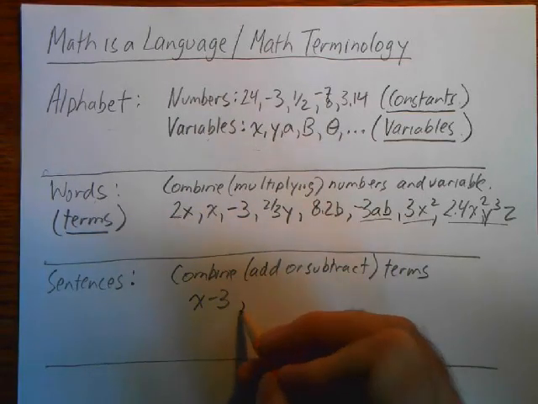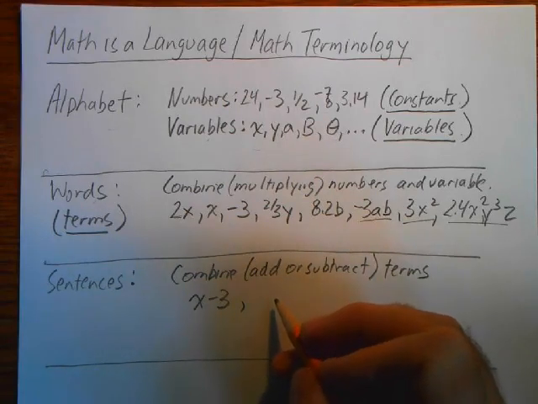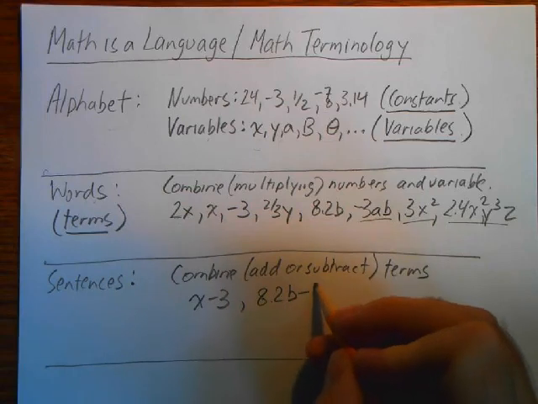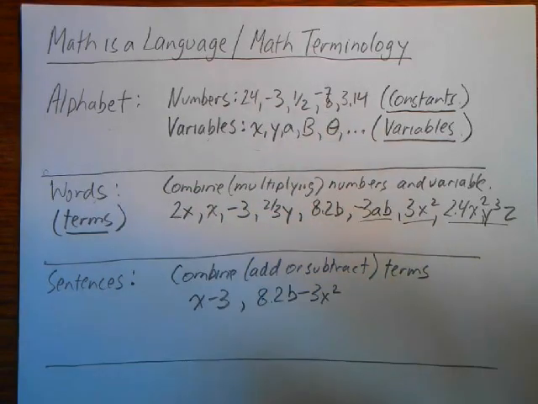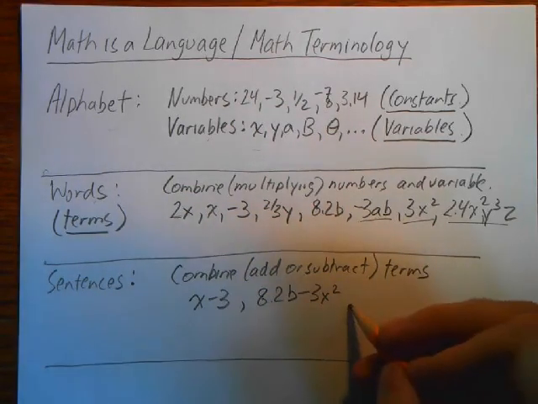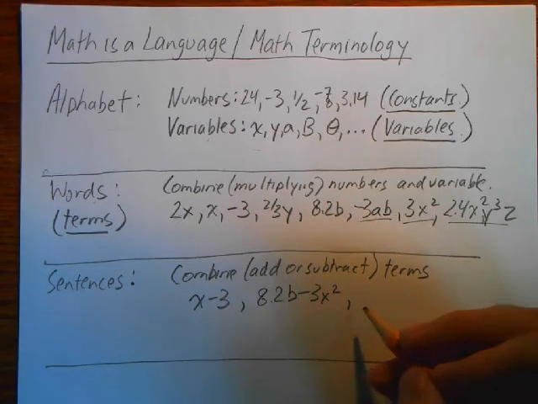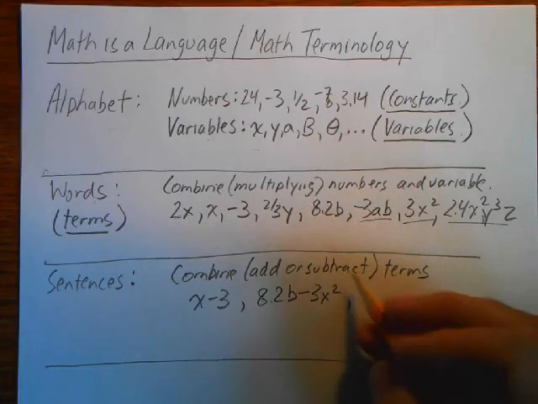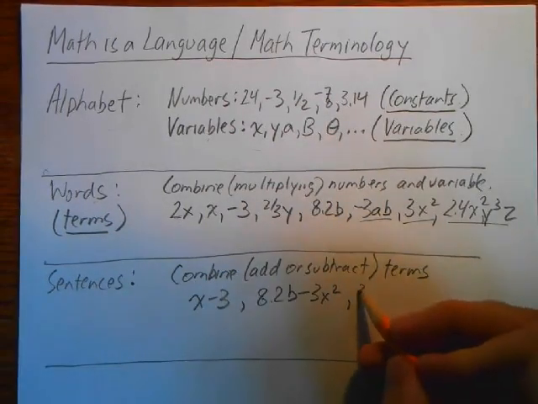I could have 8.2b minus 3x squared. Okay. You could also have one-word sentences, like hey. So I could have 2/3 y.